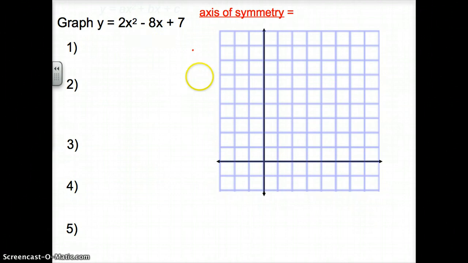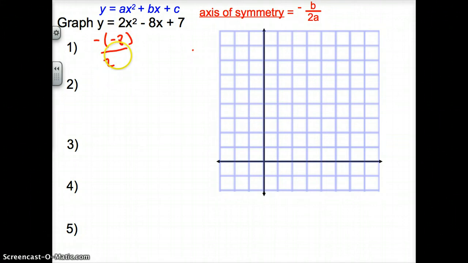So let's go ahead and graph some of these guys. Now remember, I'm going to bring up the quadratic equation right here to match up our numbers. The first thing we want to do is plot our axis of symmetry using negative b over 2a. So I'm going to put my negative down. My b is a negative 8, so I put my negative 8 in, over 2 times a, which is 2.